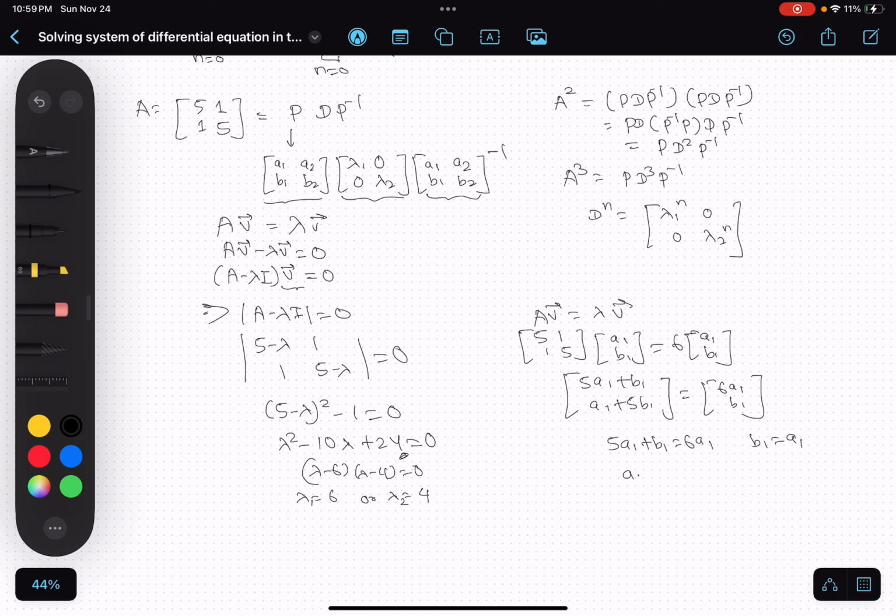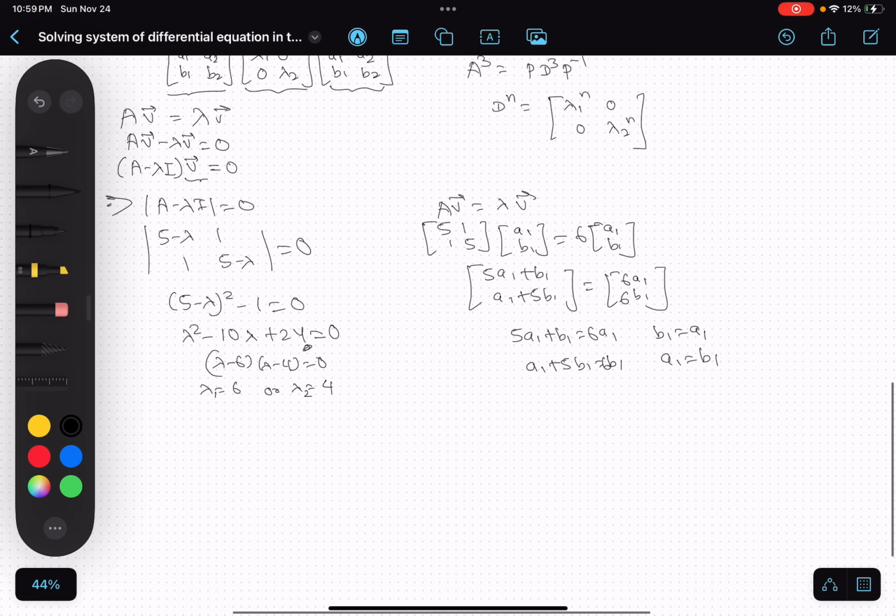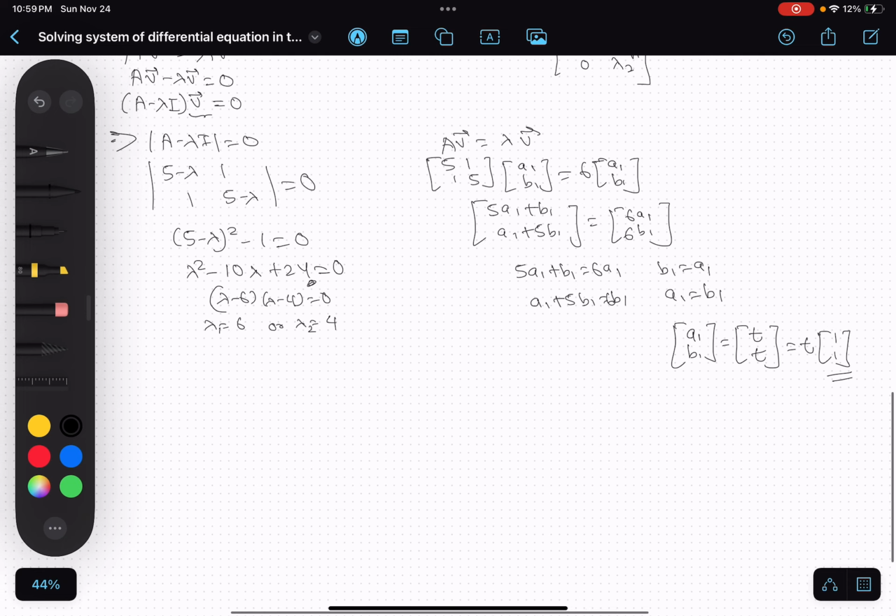Again, a1 plus 5b1 equals 6b1, which implies that a1 equals b1. Now notice that for this we just need a1 and b1 to be the same thing, t, right? I can take t common and make it 1 1. So basically there will be a line of vectors that satisfy it, but we just need one of them, and we will take the simplest one, 1 1. So I can say a1 b1 is 1 1. Anything will work, but this is a nice one.